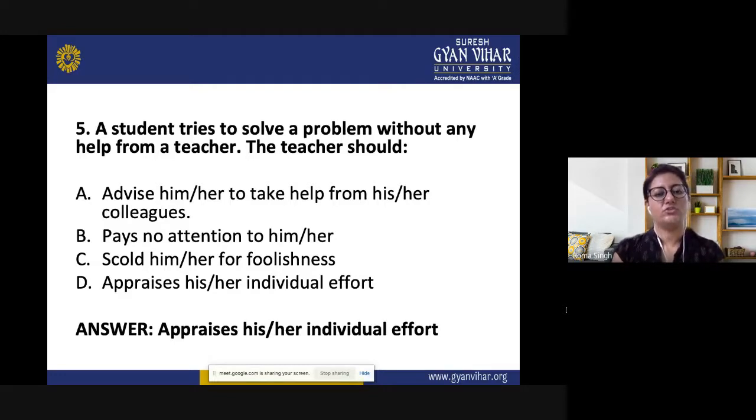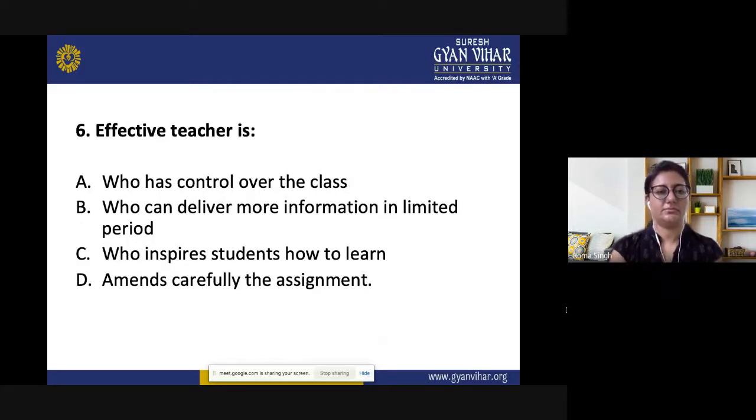He or she should appraise his or her individual effort. They will never advise them to take help from others, and it will not be appropriate to not give attention or scold them, but you should appraise him, encourage him, her to carry out their individual efforts.